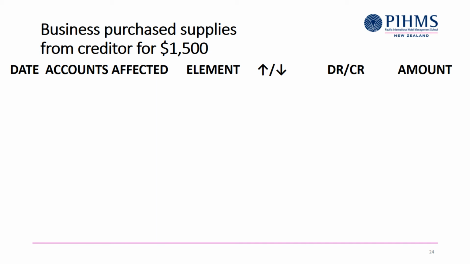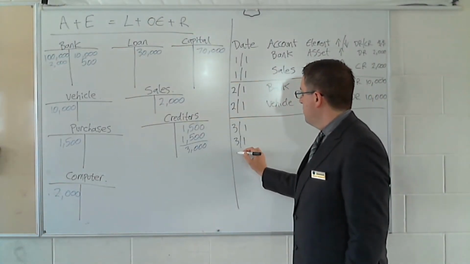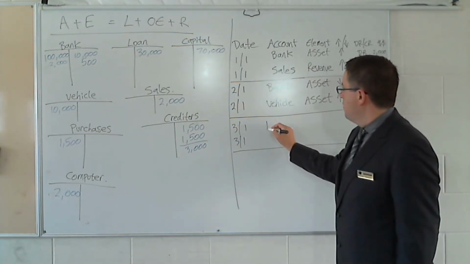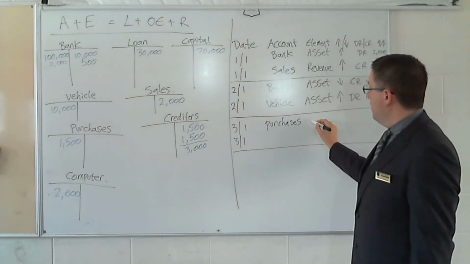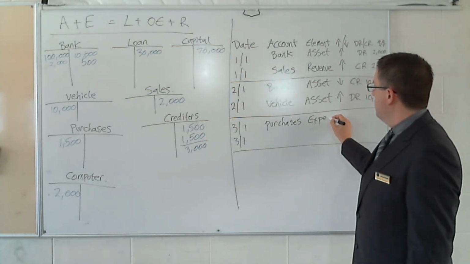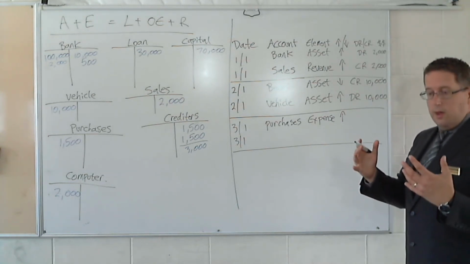Okay, third one, we purchase supplies or inventory from a creditor for $1,500. So again, put the date, just making it up this one. So we have purchases. Our purchases was an expense account. Our expenses or costs of running the business have gone up.